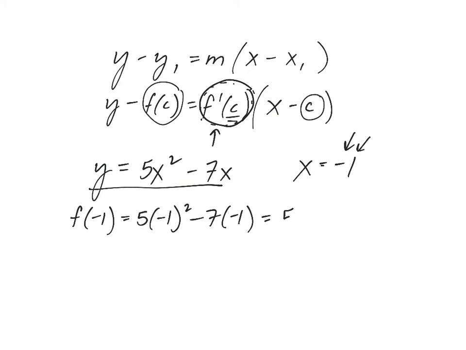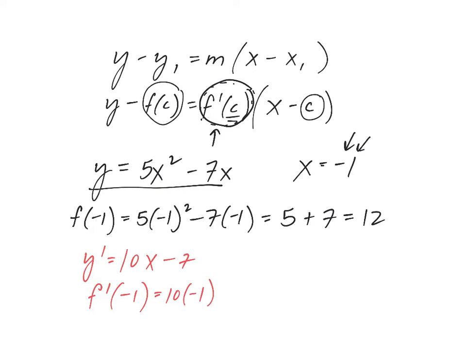Negative 1 squared is positive 1. It'll end up being plus 7, so that'll give me 12. So I know when x is negative 1, the y value is 12. Now, the other thing I need to know is the slope, and the slope comes from the derivative. So I use the power rule, and then I'm going to evaluate the derivative at negative 1. So 10 times negative 1 minus 7, negative 10 minus 7, which is negative 17.